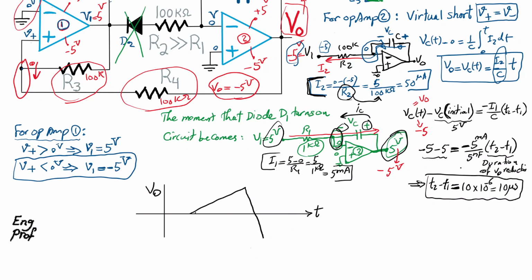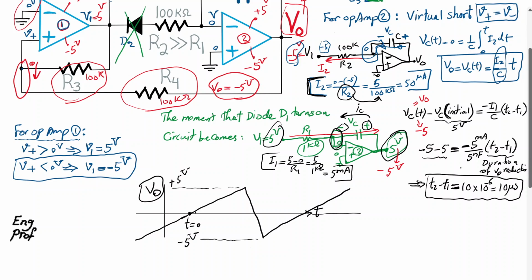It's not exactly showing what is happening, but there is no other way for me to show the scale of 1 to 100. So this is time t equal to 0. This is the value of plus 5 volt. This is the value of negative 5 volt for V out.